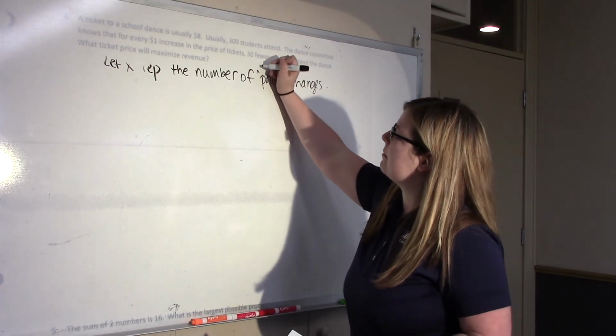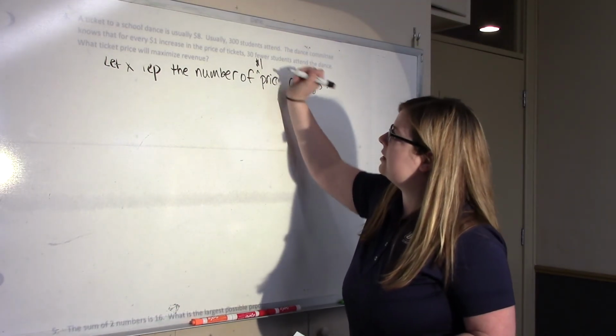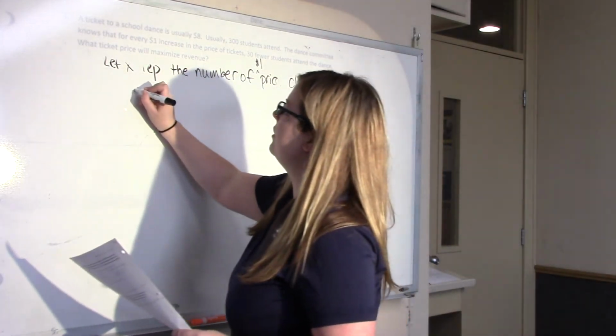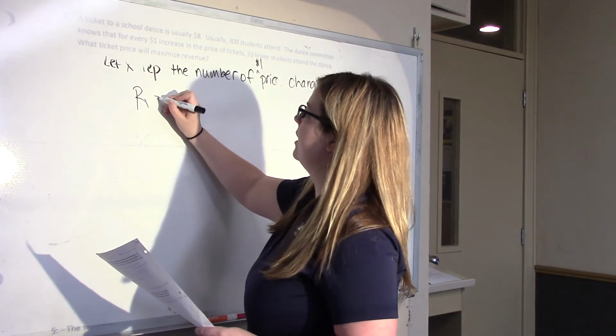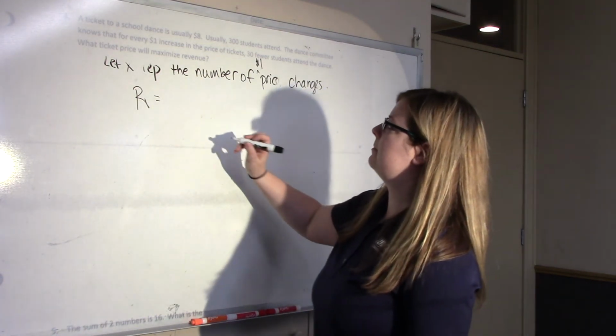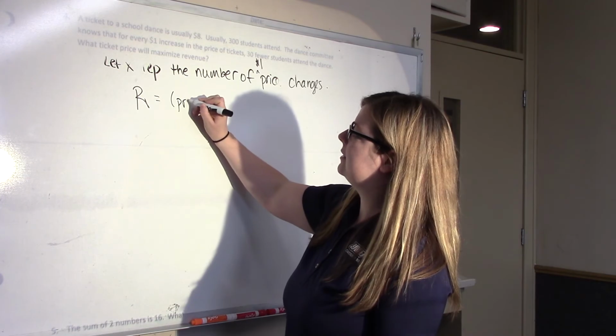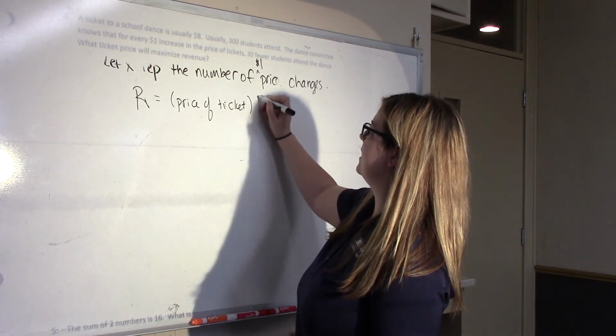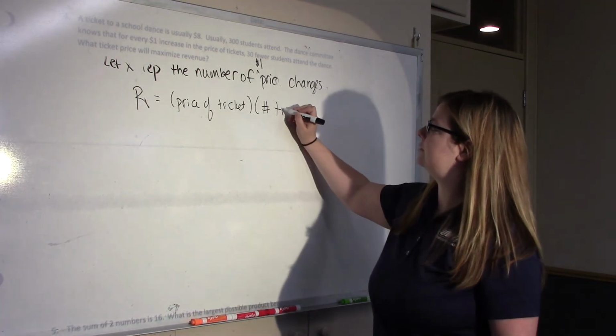So we should actually say the number of $1 price changes. Our revenue function, R, is going to be the price of a ticket times the number of tickets.